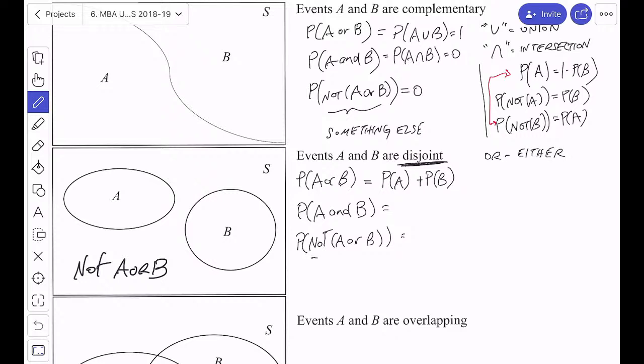A way to say not or is neither. So either A or B. To actually calculate a value, it would have to give you those values. What about A and B? Do I know the chance of A and B happening at the same time? What would it be?